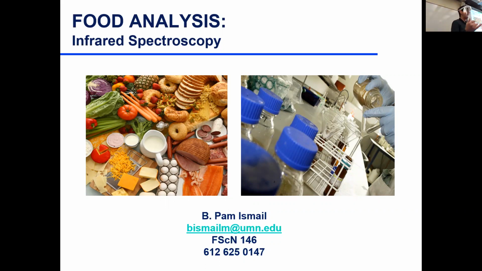So a step back, I wanted to go over infrared spectroscopy a little quickly. There are a lot of slides. I'll try to highlight the ones that I really want you to pay attention to and skim over a few other slides. I just want you to be familiar with the topic because it comes up quite a bit when we talk about proximate analysis.